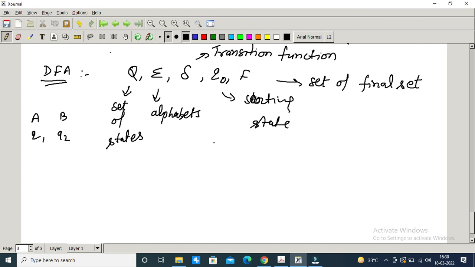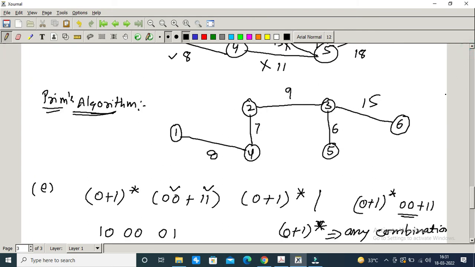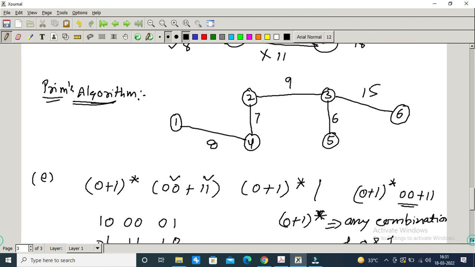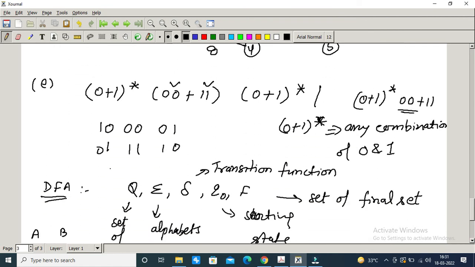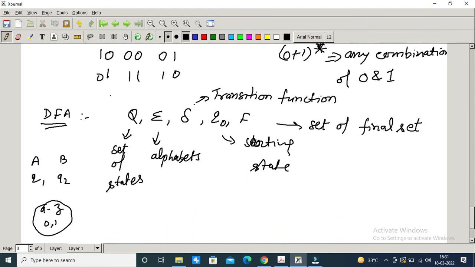Alphabet can be A to Z, it can be 0, 1. It means the elements. It must be a finite set. So in the given question, the alphabet is 0 or 1. Only 0 and 1.